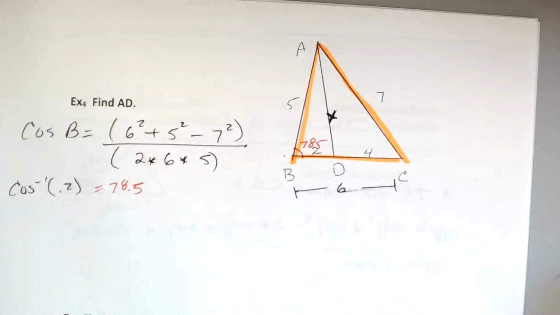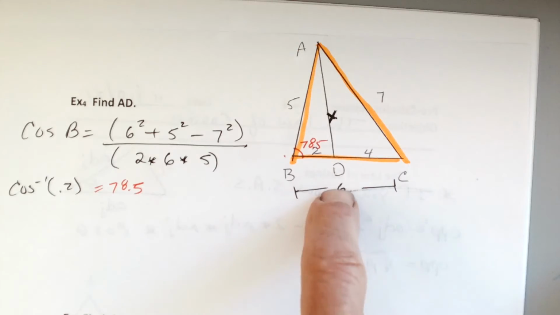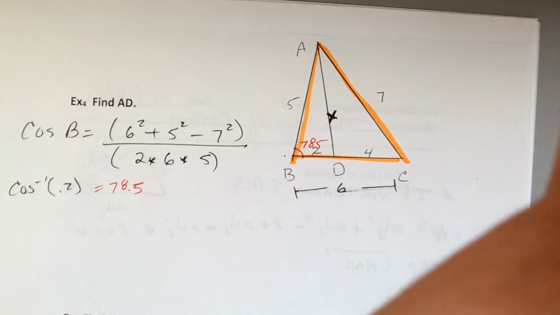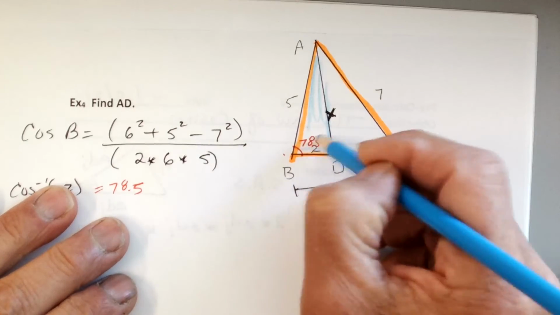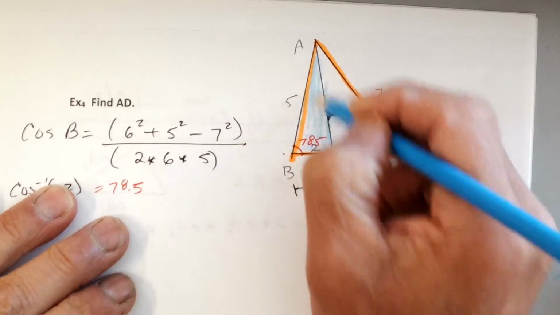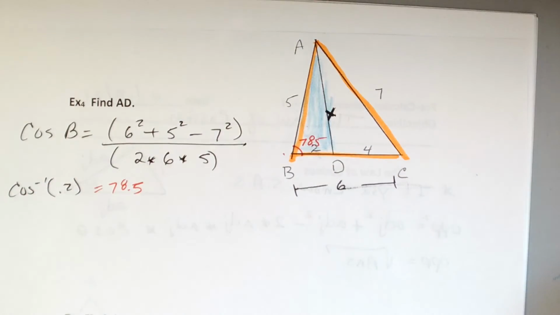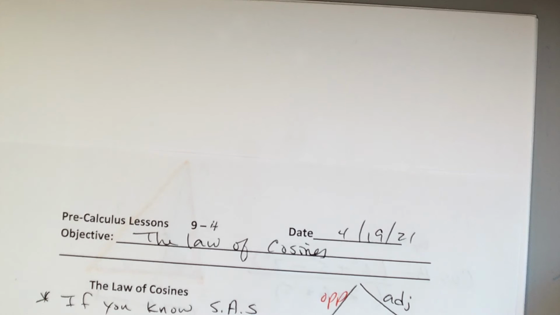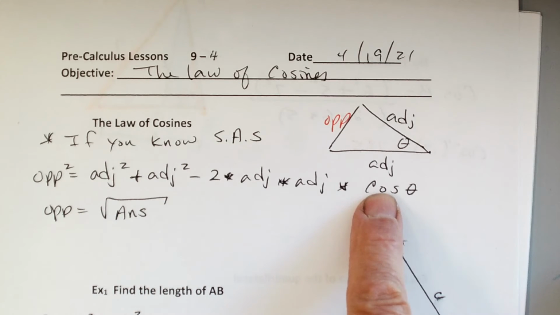Okay, now I can get AD because I'll have my side angle side. But now I'm going to use the inside triangle. So I'm going to use this smaller triangle. It's my blue triangle. And I'll tackle that. So, okay, also, if I have side angle side, I'm going to use this formula.